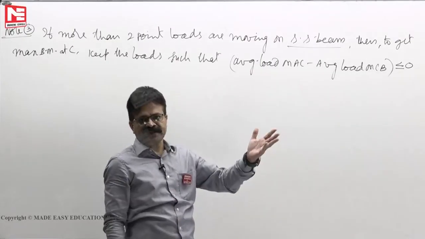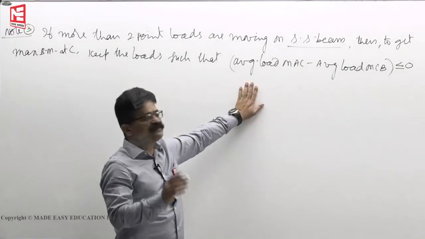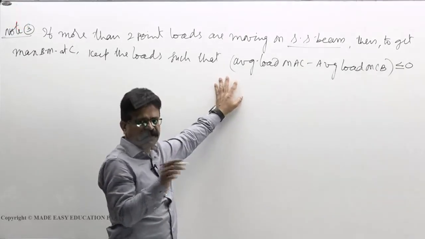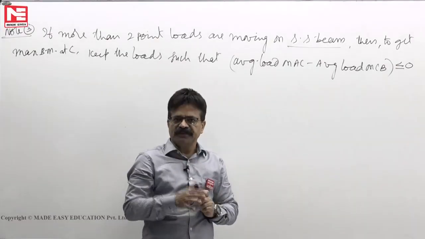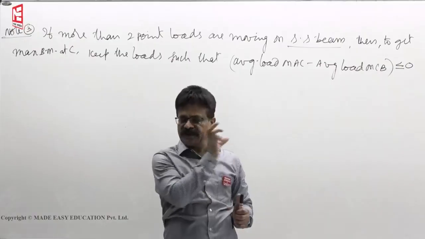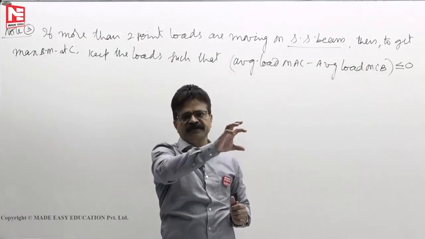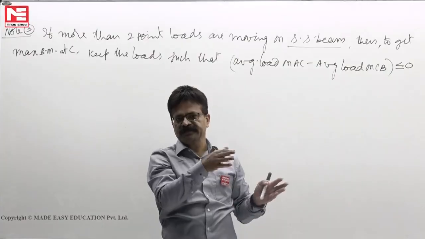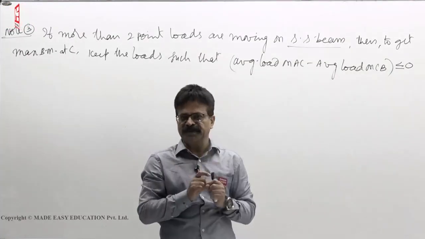Let us see with the help of examples, where we have two examples I will give you: first problem less than symbol, second problem equal and less than happens. First change of sign wherever it happens, you will get maximum bending moment at that section. First when loads are moving, first greater only will come. Next one by one when it's moving, equal sign comes, you will get maximum bending moment there.